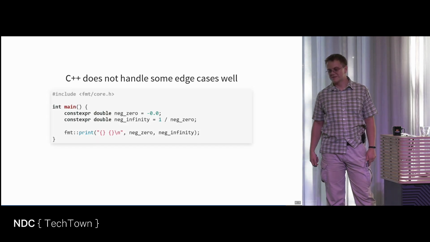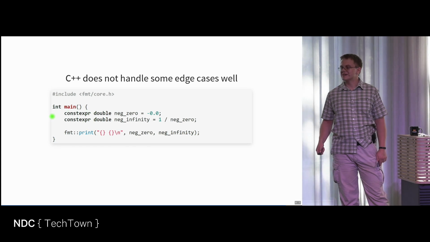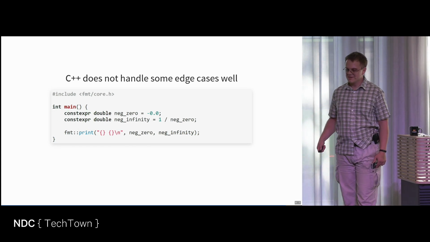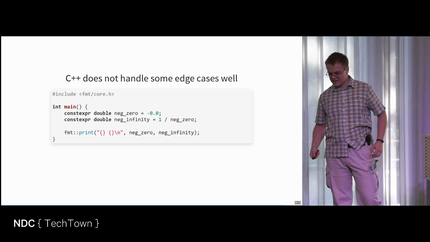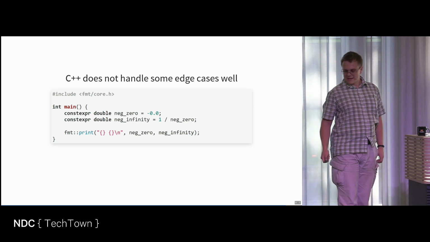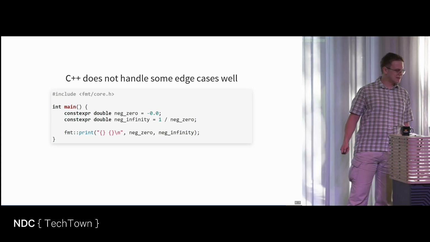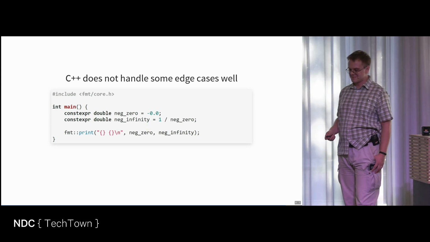Let's change the code a little bit. Notice that we added constexpr. We now say, okay, we are in a compile time context. And again, we write the same thing. We want another negative 0, and then we want negative infinity. So what do we get now?